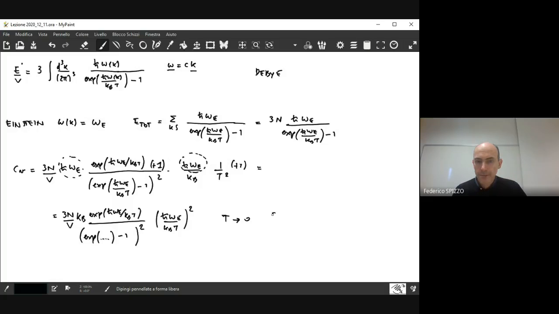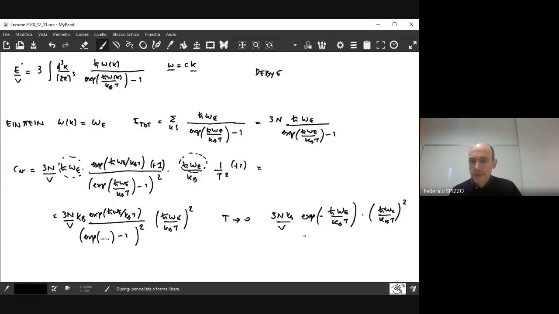So we have 3n kB divided by the volume. Then we have the exponential of minus h bar omega e divided by kBT times h bar omega e divided by kBT squared.